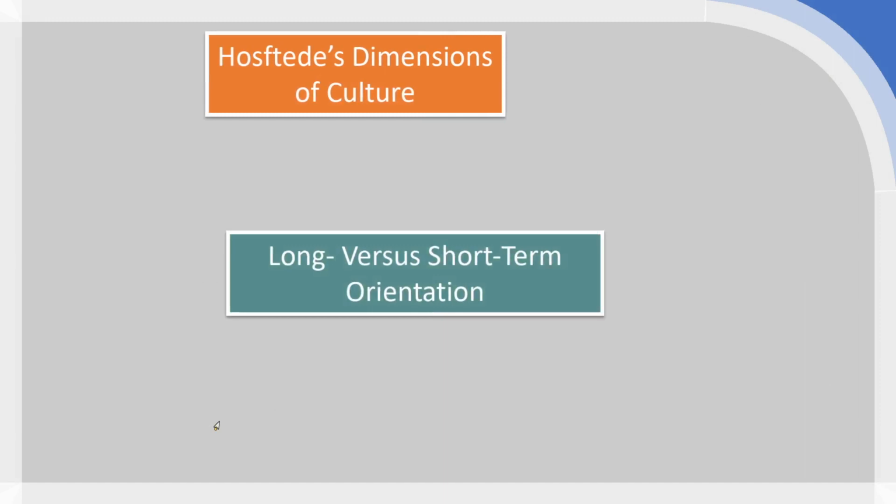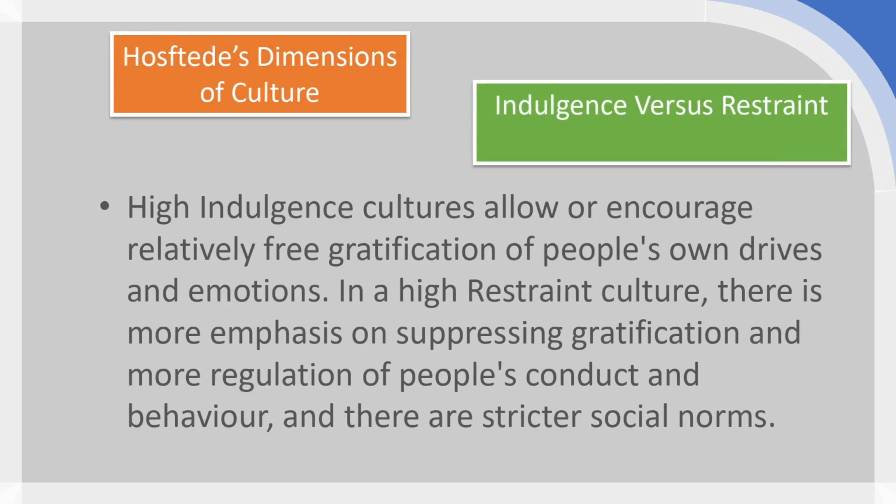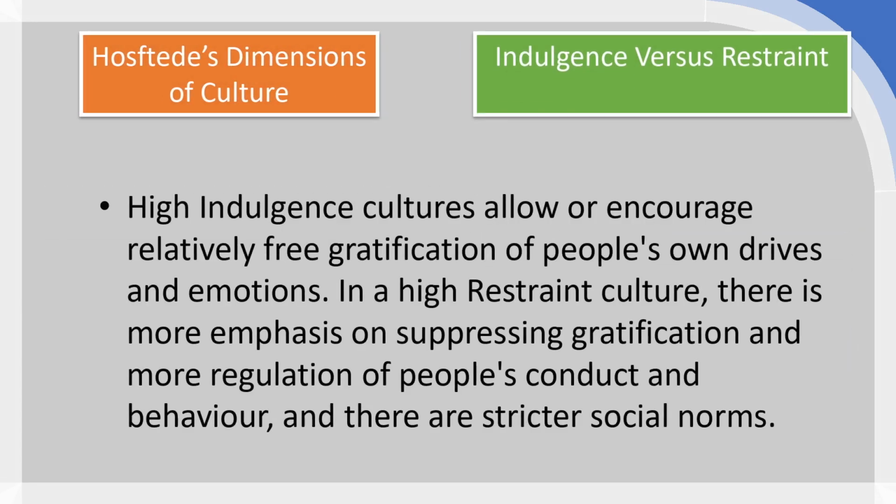So if we move on to our sixth and last dimension in Hofstede's model, we have indulgence versus restraint. So here this is looking at the degree of constraints on individuals' actions and the social norms surrounding those restraints or relative lack of restraints.